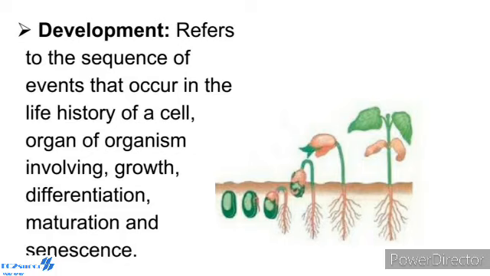Besides growth and differentiation, a plant also undergoes development. Development includes all changes that a plant goes through during its life cycle, from germination of the seed through growth, maturation, flowering, seed formation, and senescence.